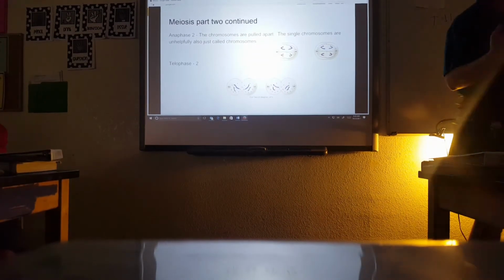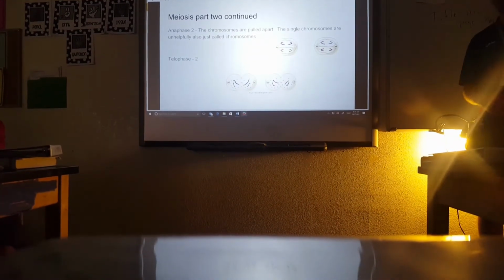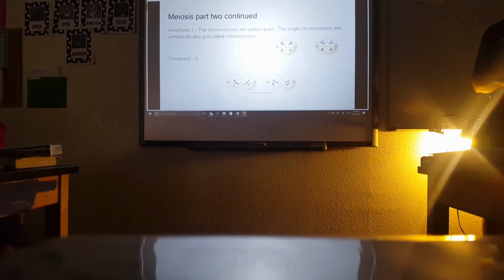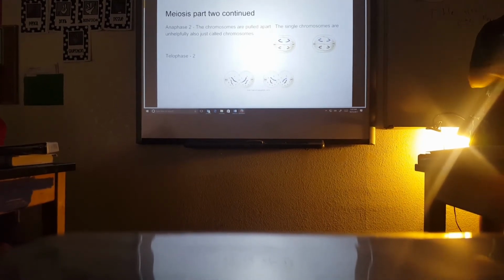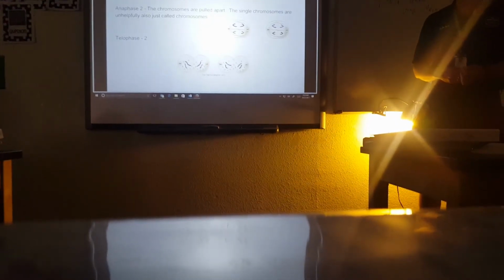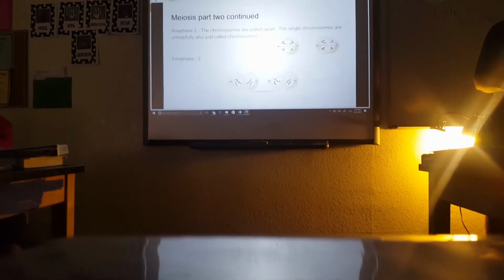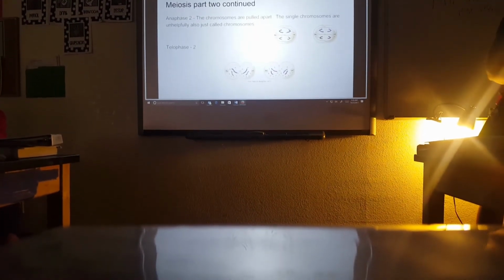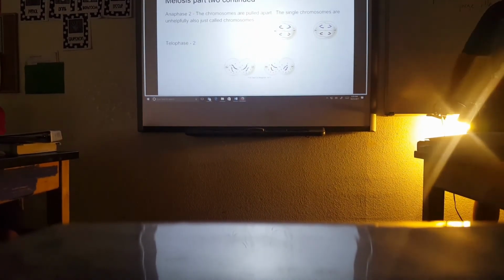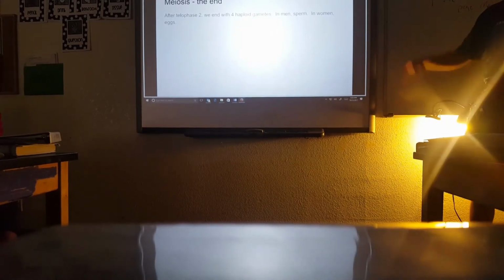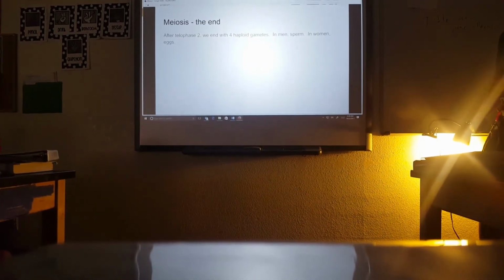And then at the end of telophase 2, you've taken those 2 daughter cells and made them into 4 gametes. You've taken 2 cells that had 46 chromosomes and divided them again so that you end up with 23. You end up with 4 haploid gametes.